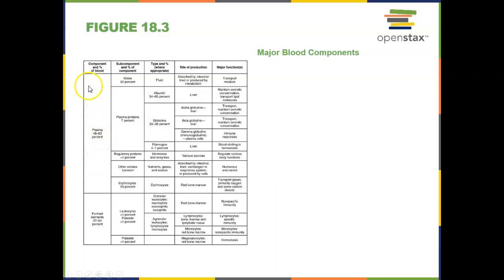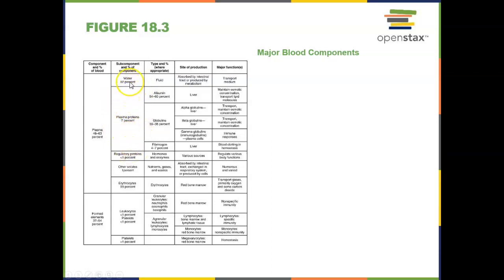So over here, this is just a nice table from your textbook that shows some of the basic components of the plasma. So 92% is water, 7% is protein. I get why this is bigger.